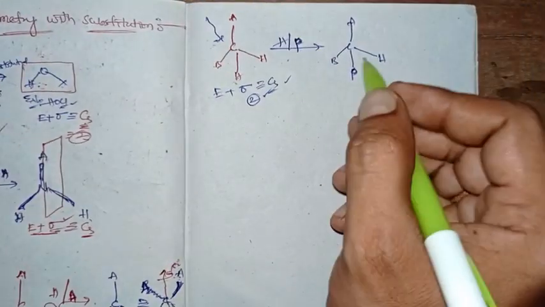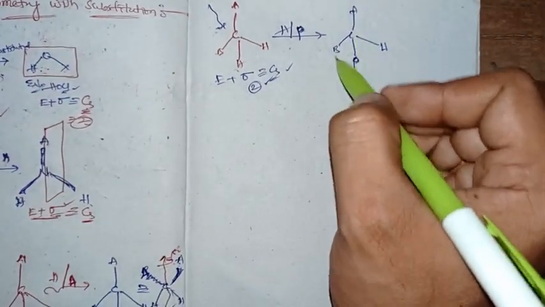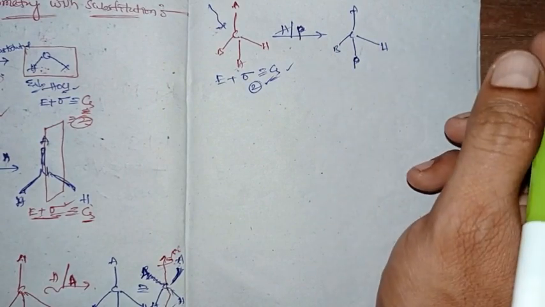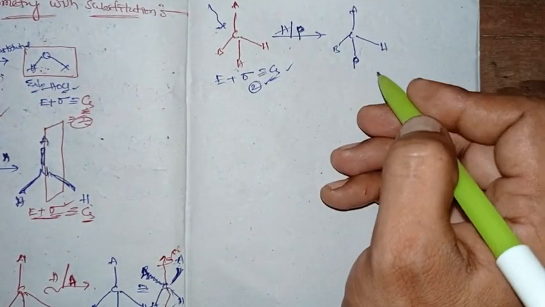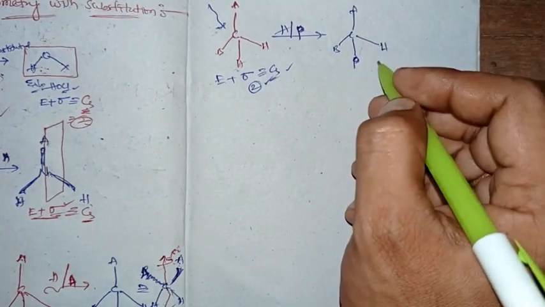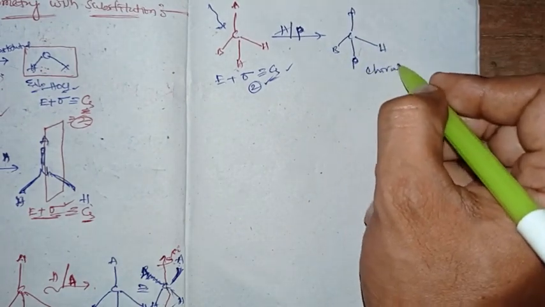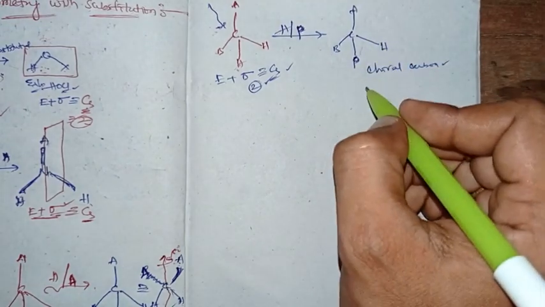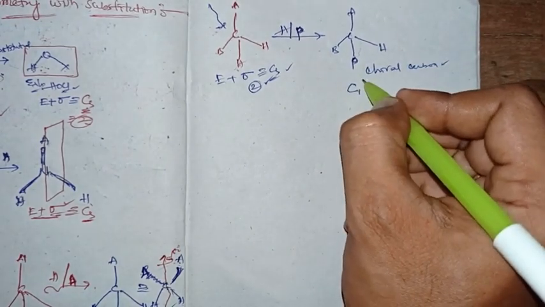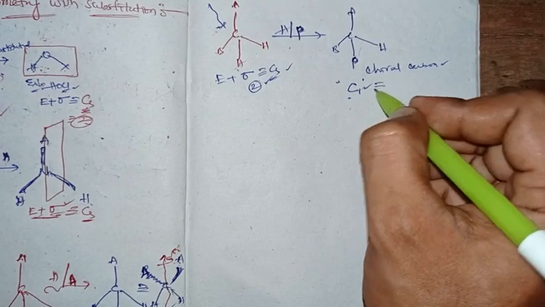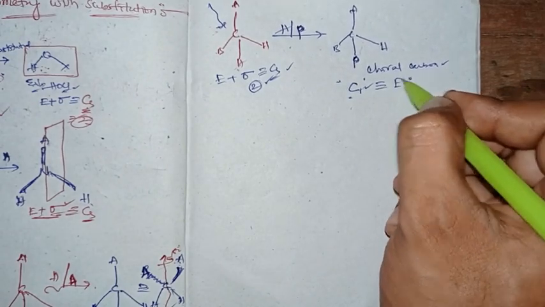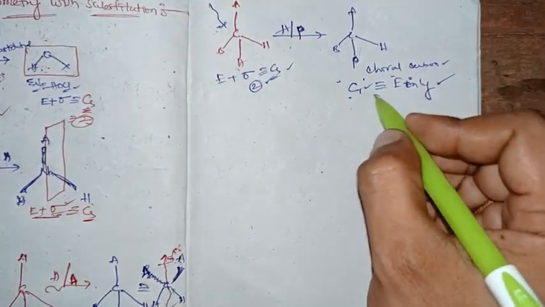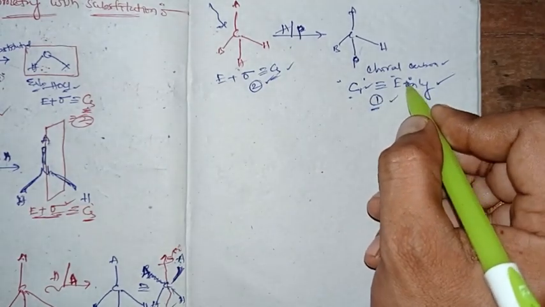In this moiety, carbon has all different substitutions, A, B, P, H, so the carbon is chiral. In this case, the chiral carbon has the C1 point group, where it has only one element, the identity.